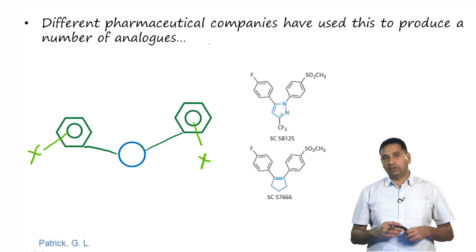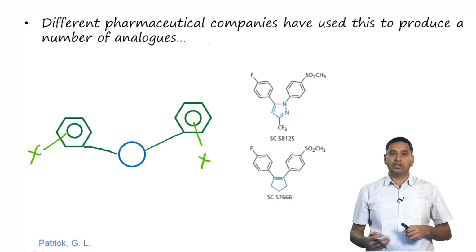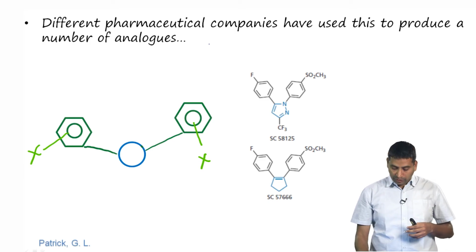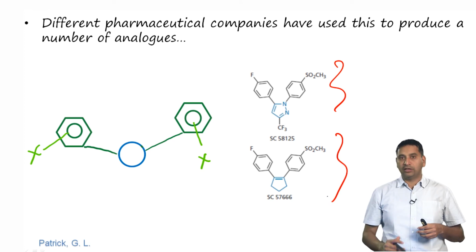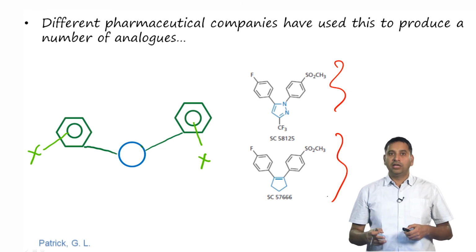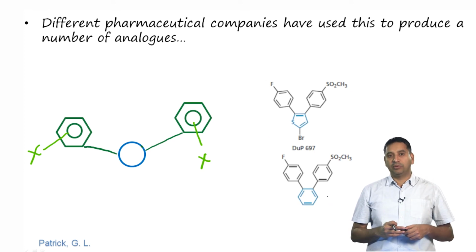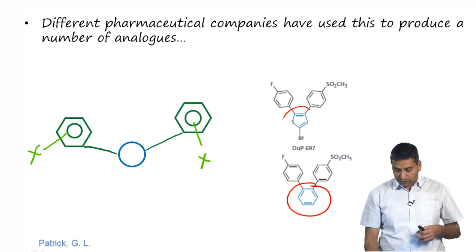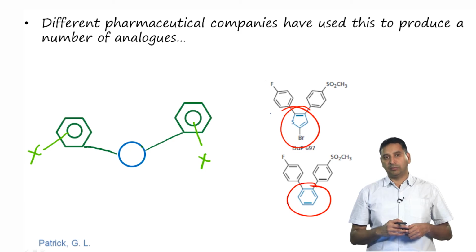So here then various pharmaceutical companies have tried to make various analogues in order to optimize the drug target interaction. So here are a couple of examples where this kind of strategy has been employed, and another set of pharmaceutical companies had a different approach, and here they used a benzene ring and this thiophene ring, for example, to optimize the interactions.